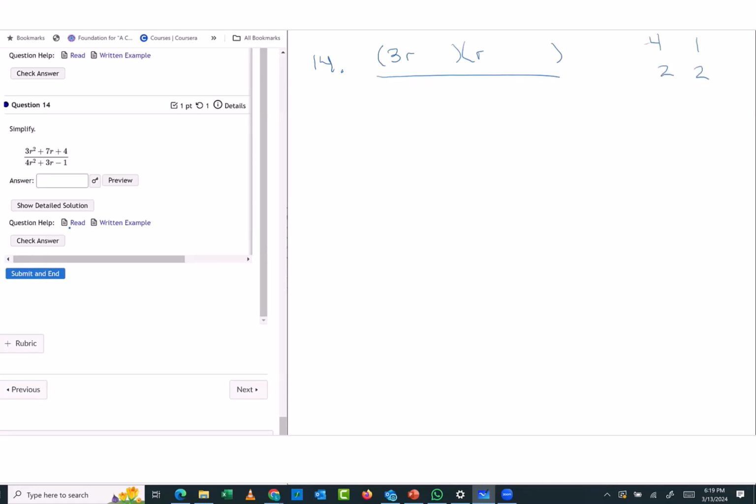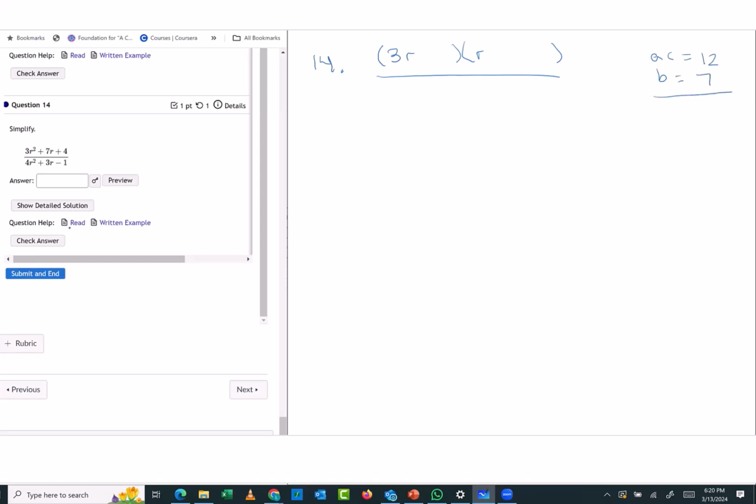I know how to explain it. I need my a times c here is 12. And I need a 7 in the middle. So it's going to have to be a 3 and a 4. a times c is equal to 12. b equals 7.